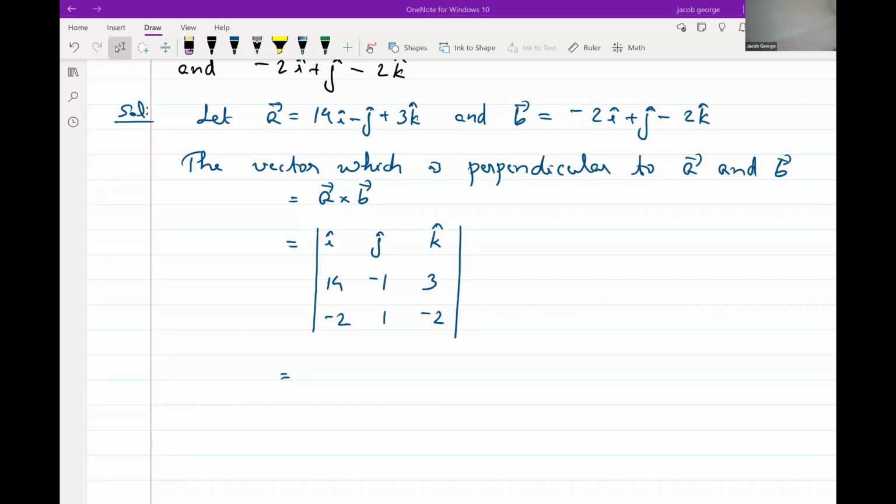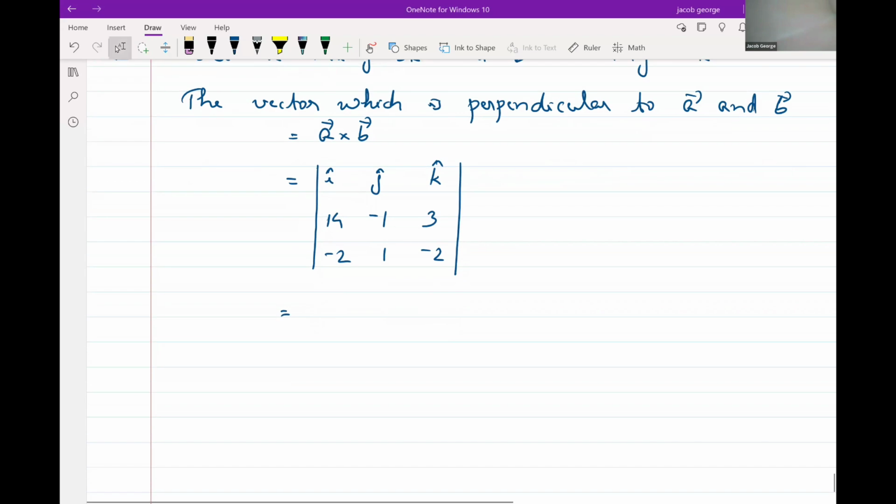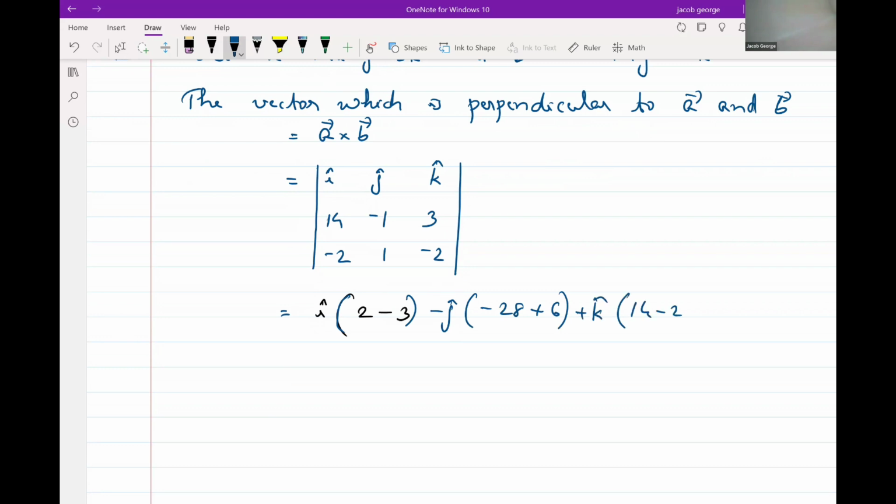Yes, Lynn, so you got the answer like this now. i cap into 2 minus 3, minus j cap into minus 28 minus minus 6 plus 6, plus k cap into 14 minus 2.